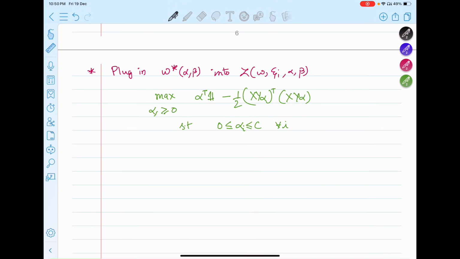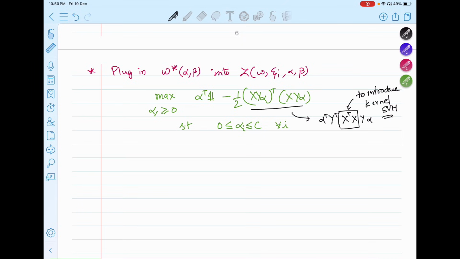One thing I want you to notice here is that if you observe this carefully, this is nothing but alpha transpose Y transpose X transpose X Y alpha, and you can notice X transpose X here. This helps us to introduce kernel SVM. Whenever there is an x transpose x, you replace it by phi(x) transpose phi(x), and that is nothing but the kernel matrix.